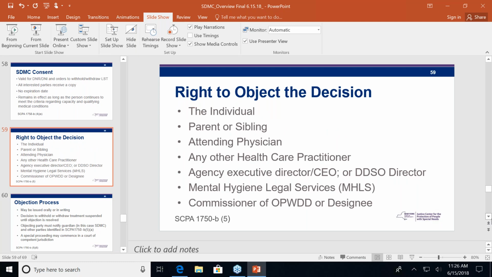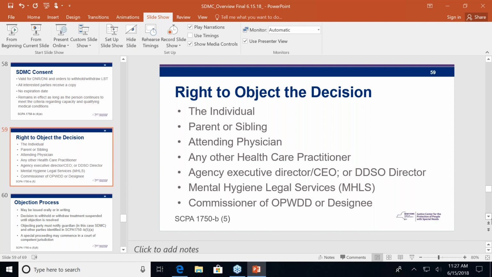There are certain individuals that have the right to object, and it includes the patient. And if the patient objects to the decision, we would fully anticipate that providers would facilitate and assist the individual with the objection. Parent, sibling with whom the individual has substantial contact or resides, they can also object to the decision. The attending physician, which sounds confusing, but the attending physician can be any physician involved in the care and treatment of the individual. And this is basically a protection in the 1750B process that applies more so outside the SDMC process.